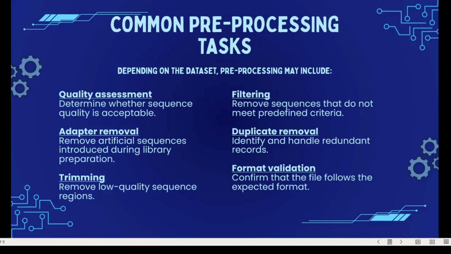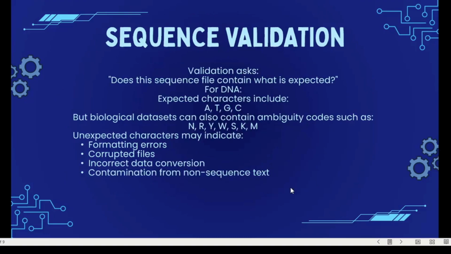Trimming will remove low quality sequence regions. Then filtering will remove sequences that do not meet predefined criteria. Then duplicate removal will identify and handle redundant records, and format validation will confirm that the file follows the expected format.